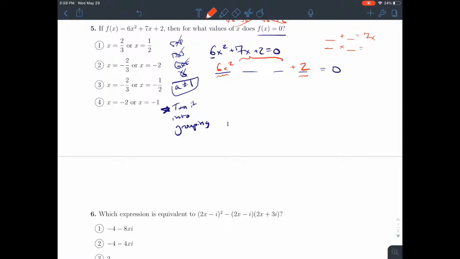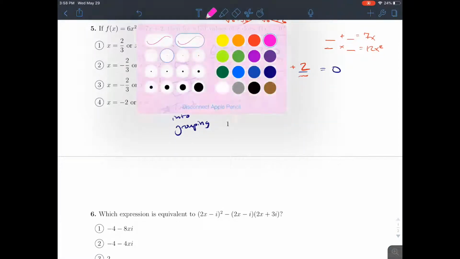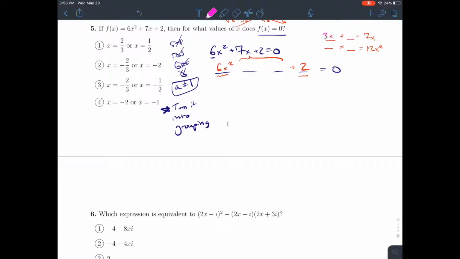So if you do 6x squared times 2, that gives you 12x squared. So now you think, well, which terms would go here? And 3x and 4x look like they will do it. So it must be that we're breaking 7x into 3x and 4x.